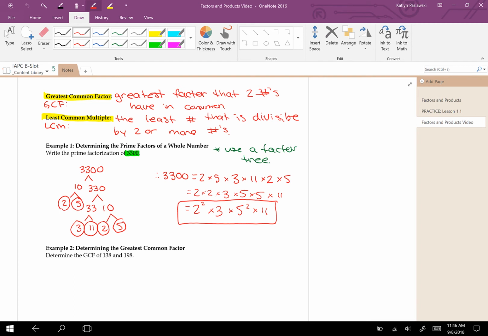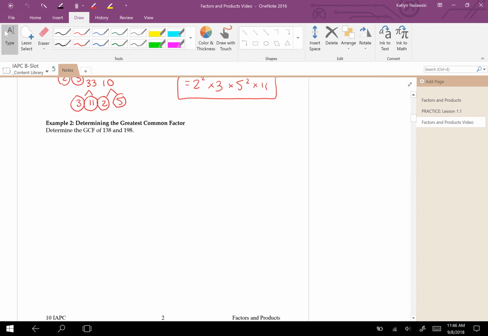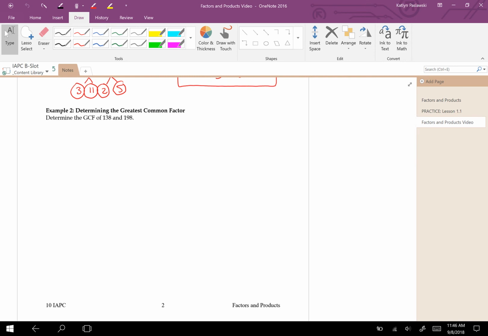Now we can use this method of prime factorization and factor trees to help us find the greatest common factor. So I'm going to give you two options on how you may want to solve for it. The first option, I'm going to use factor trees. So step 1, draw factor trees, and we're going to do this for both numbers.